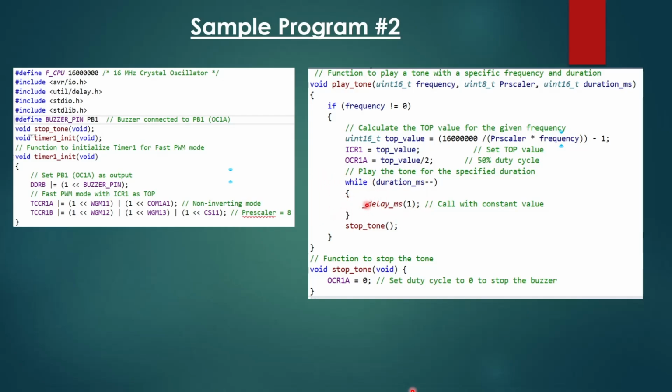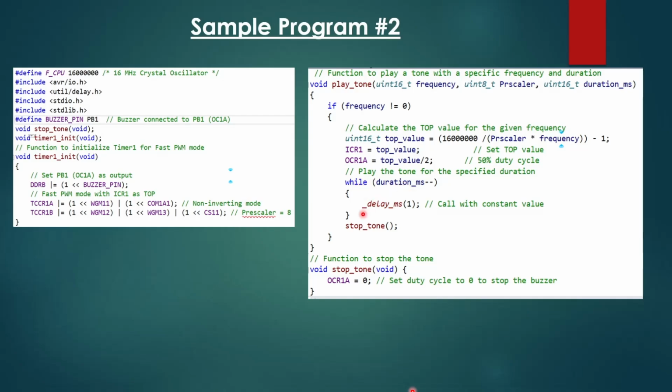Inside we have a delay of 1 millisecond. So every time it goes around, it uses 1 millisecond and keeps decrementing the required value by 1 until it gets to 0.